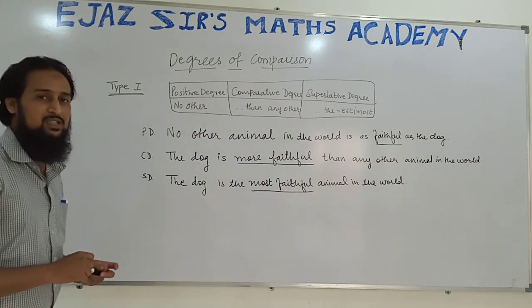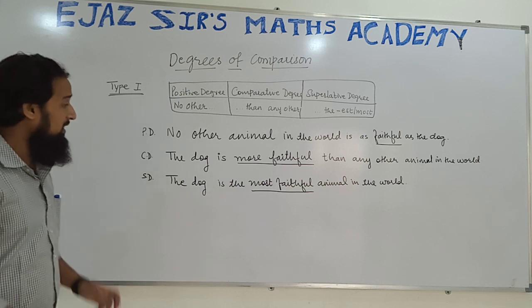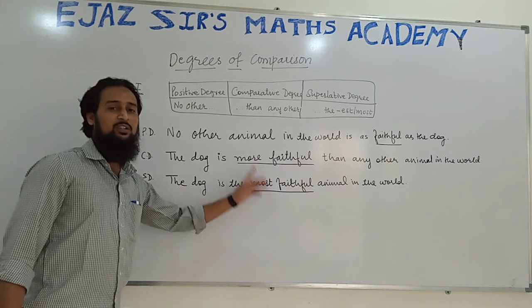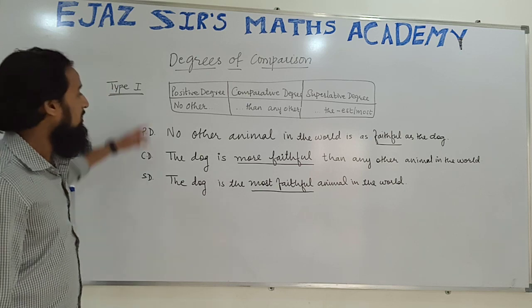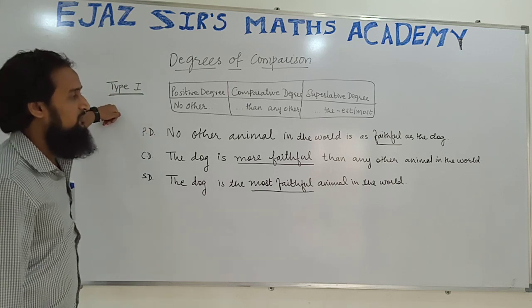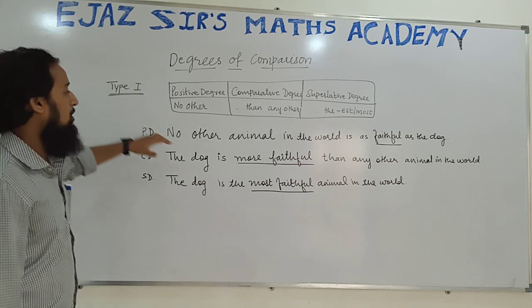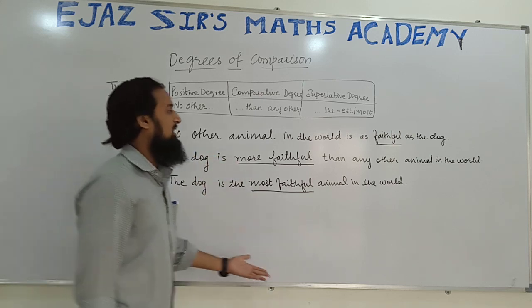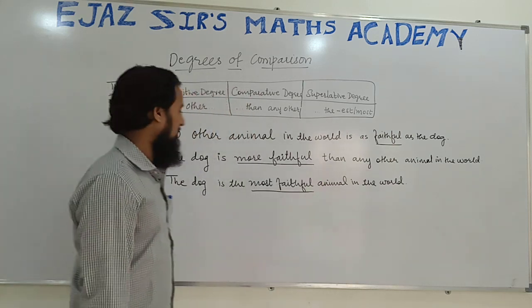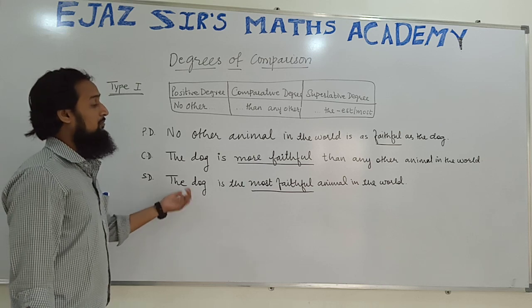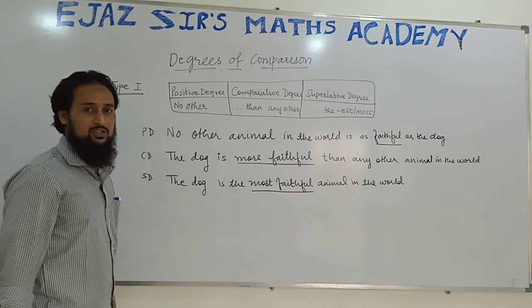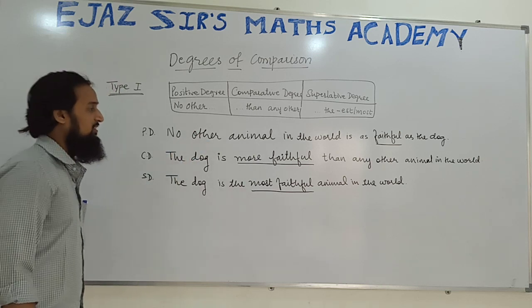So the meaning is not changing. Only the degree of comparison is changing. No other animal in the world is as faithful as the dog. The dog is more faithful than any other animal in the world. The dog is the most faithful animal in the world. See, the meaning is the same in all the three sentences.